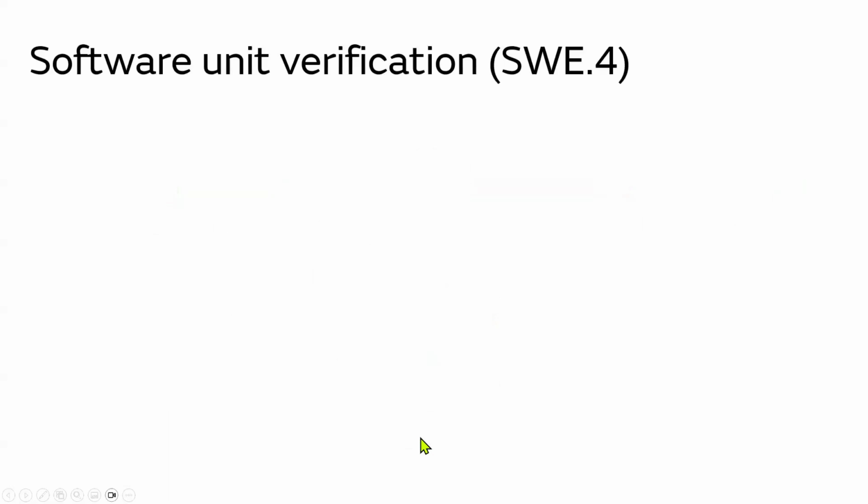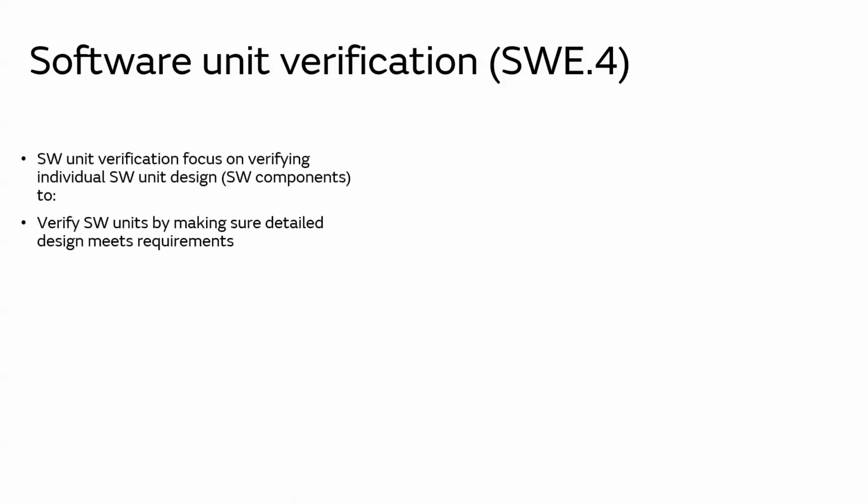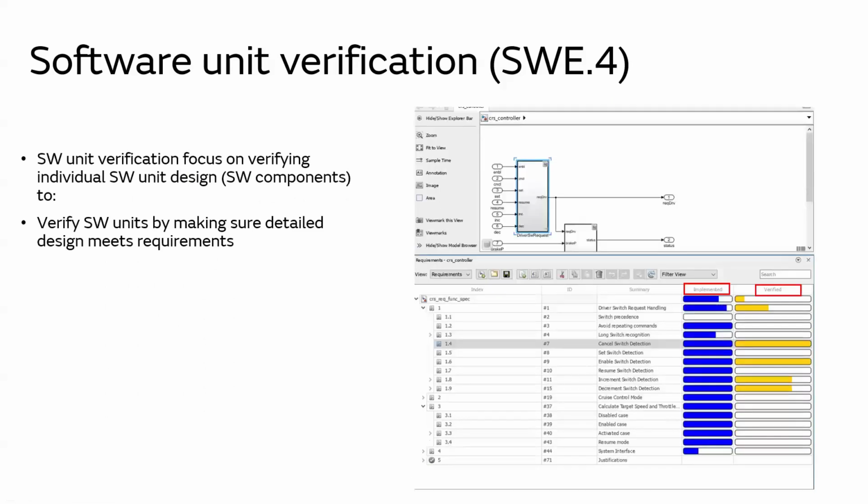The testing aspect, which is the software unit verification, is part of the software requirement section on the V cycle, which is SWE.4. In this case, we are focusing on verifying that individual software components meet the requirements. That's the key aspect. So it's all about testing.